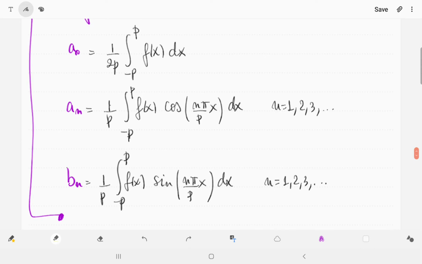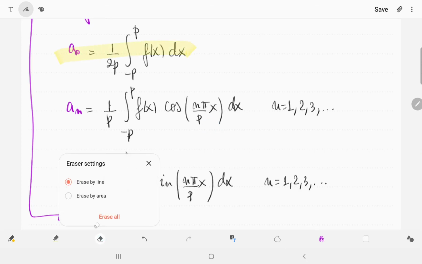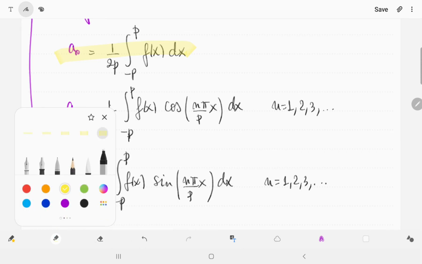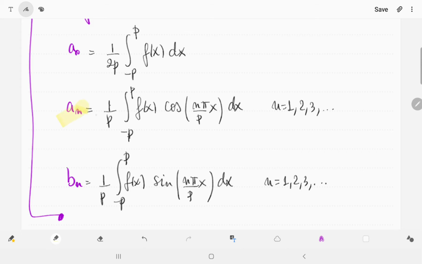It's just what we had before. We get a0 making this computation, and we find an making this computation, and bn making this computation.